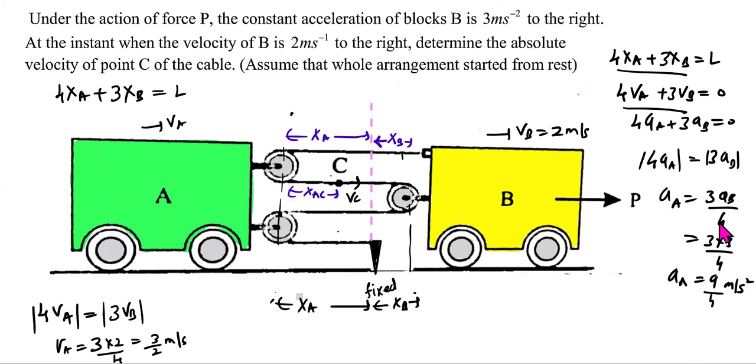Now we'll write down the equation: XB plus XA plus XA minus XC equal to some L. VB will decrease, XA will increase.